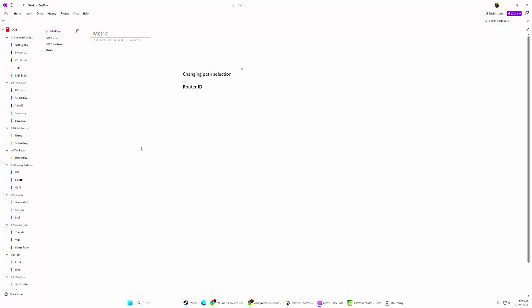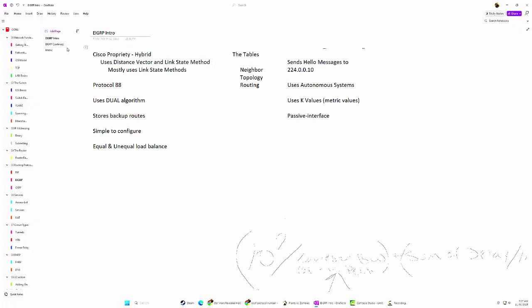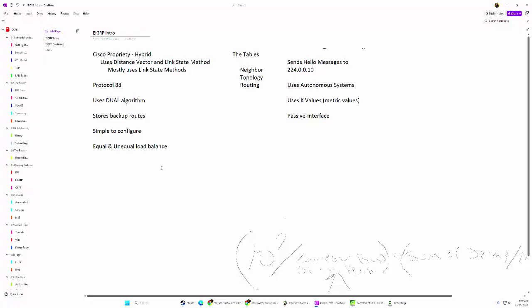Router IDs are selected by loopback addresses first, if they're on the router, the highest loopback address. If there are no loopback addresses on there, it's the highest IP address on your router that is physically or physically slash logically defined. And that's pretty much the basics of EIGRP.